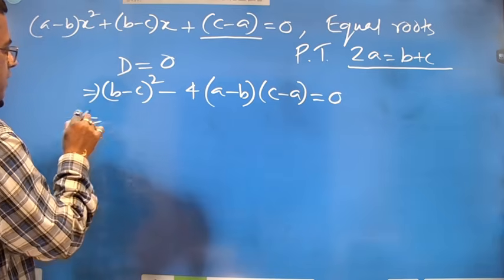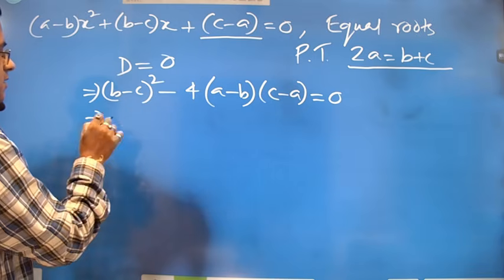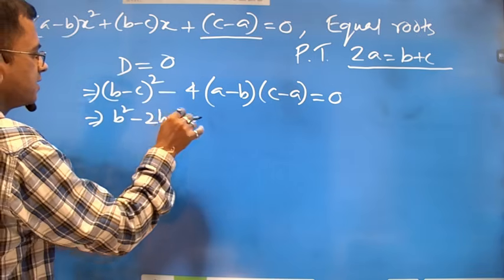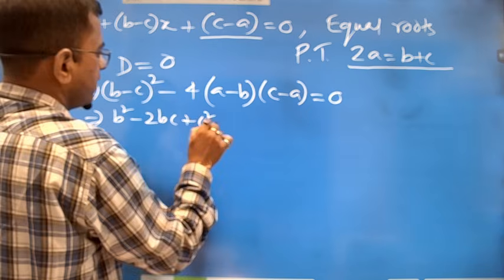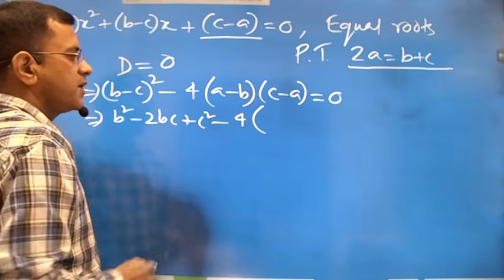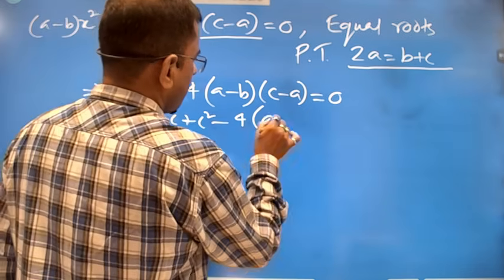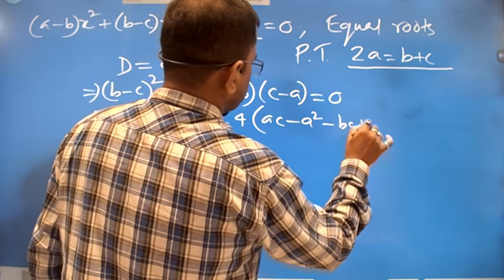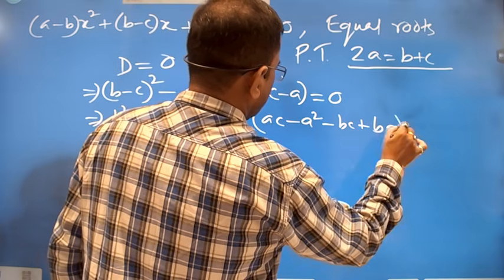Okay, then expand this, that is b square minus twice bc plus c square. Okay, then minus 4, then you can multiply this binomial into binomial, ac minus a square minus bc plus ba, equal to 0.